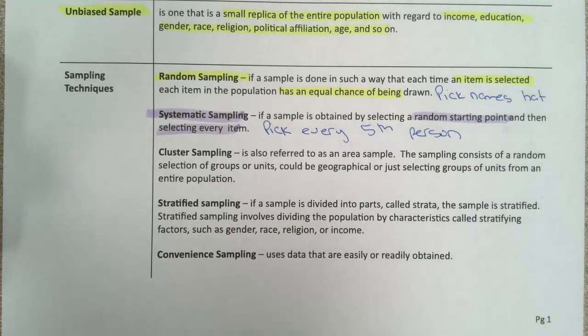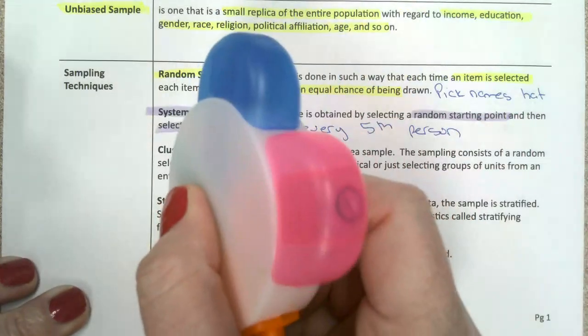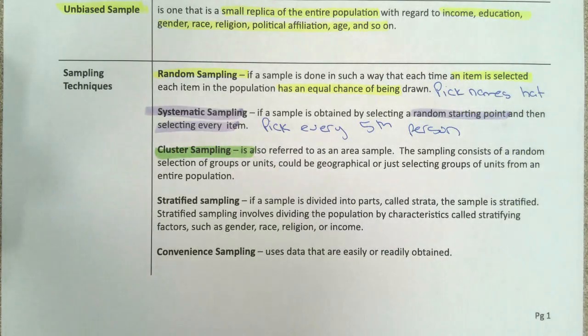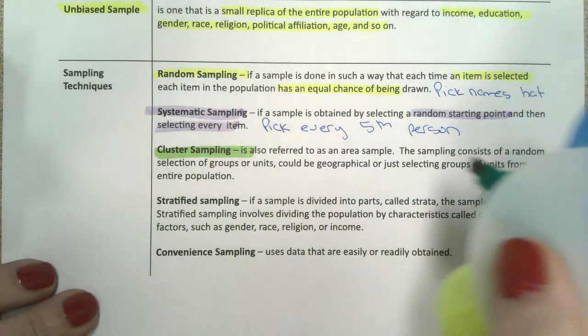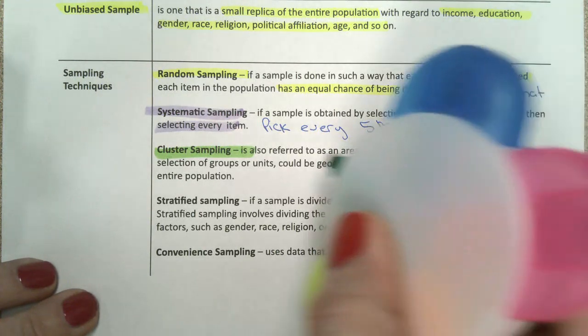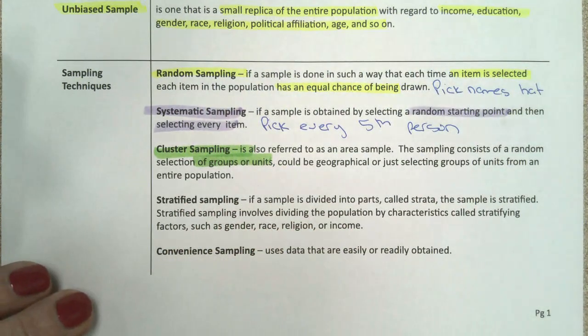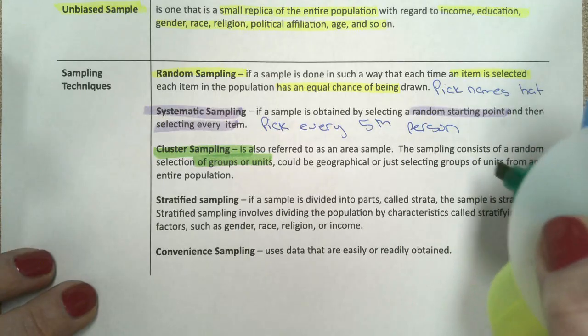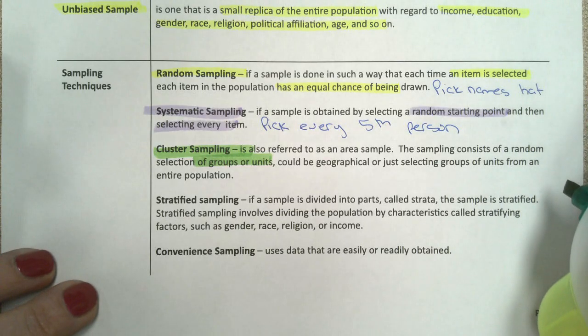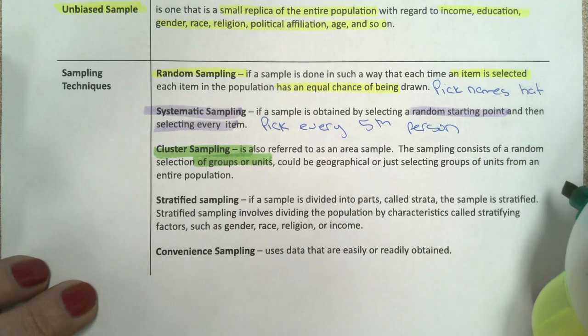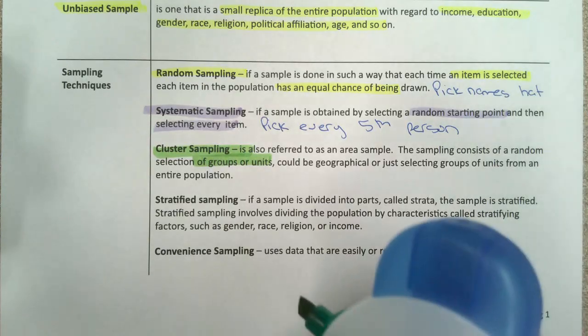The next one that we have is a cluster sample. So in a cluster sample, we are going to divide it into groups or units, and then we are going to select all of them, just selecting groups.